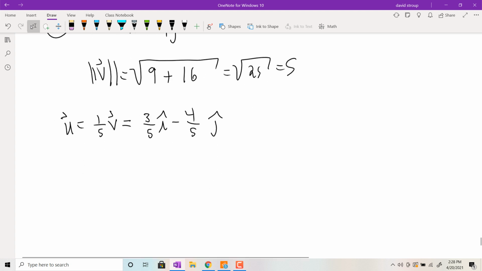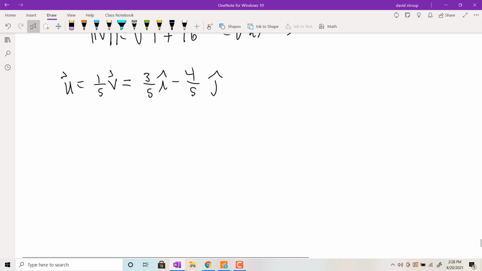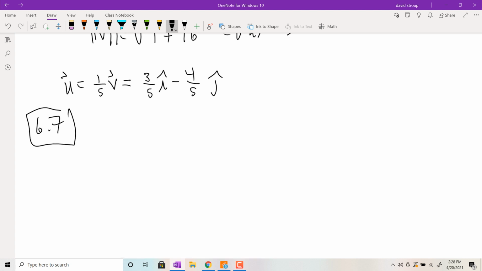The last section was introducing one type of multiplication called the dot product. Section 6.7 is the final section, problems like 17 to 37, and then maybe an application like 55 or 57.